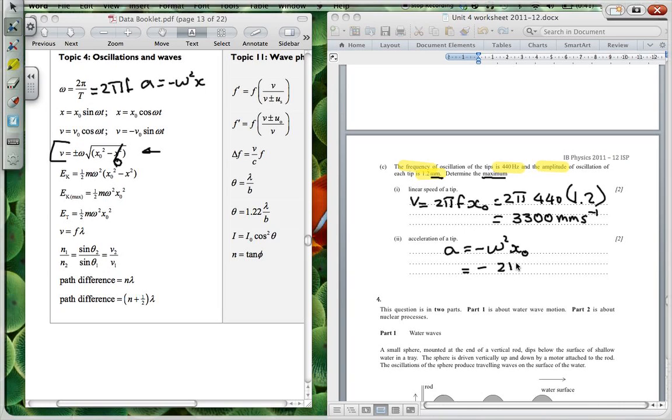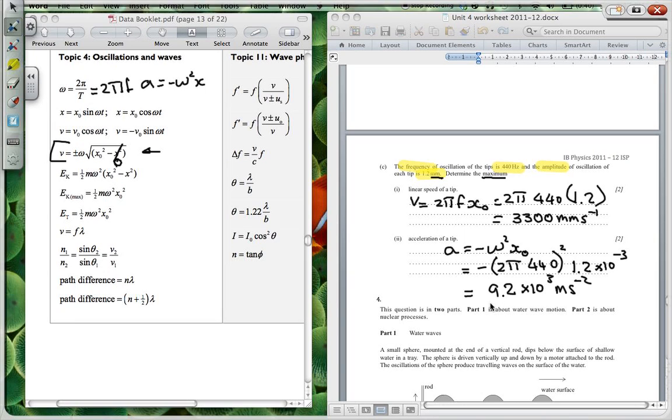But this is going to be 2 pi 440, and we're going to need to square that whole thing there, times 1.2. So what should we do? Should we put it into meters? Let's do that. 1.2 times 10 to the negative 3 meters, and that will give us our final answer there, and it works out to be about 9.2 times 10 to the 3 meters per second squared.